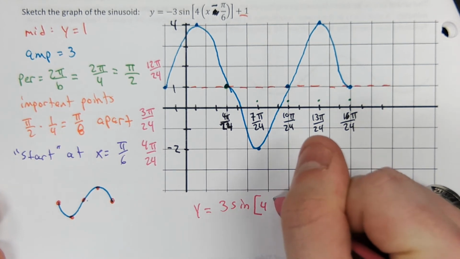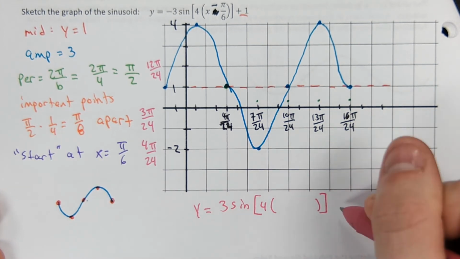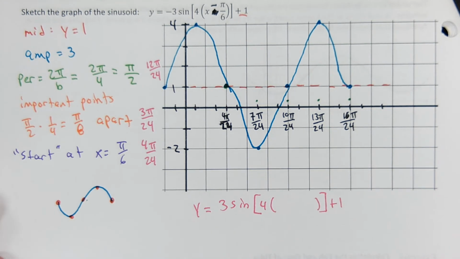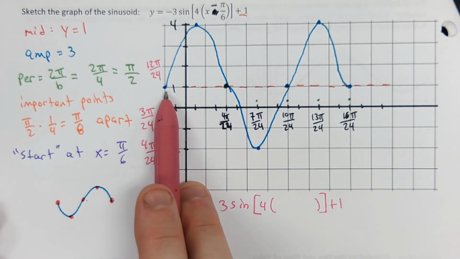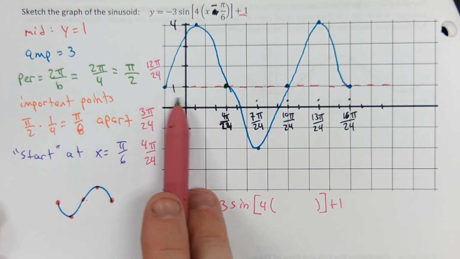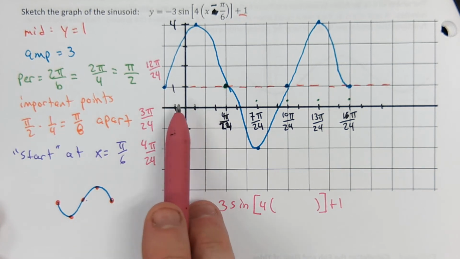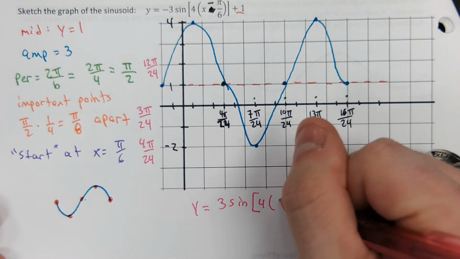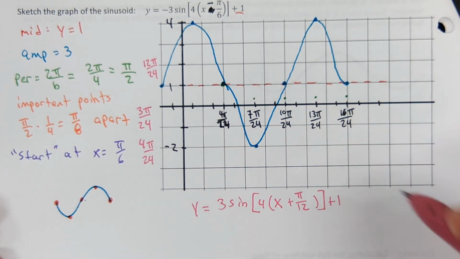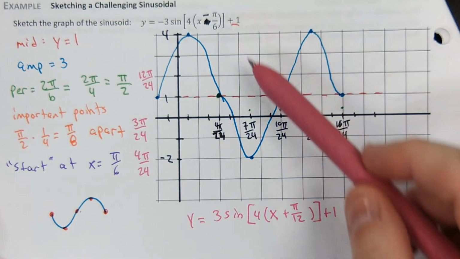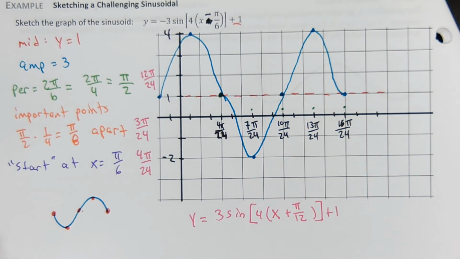The 4 is unaffected, and the plus 1 is unaffected. The only thing that changes is the phase shift, since I'm calling it a positive sine. Positive sines start at their midline and go up, and every one of these ticks is a pi over 24, so that's 2 pi over 24 to the left, which is pi over 12. There. So these two are the exact same graph.